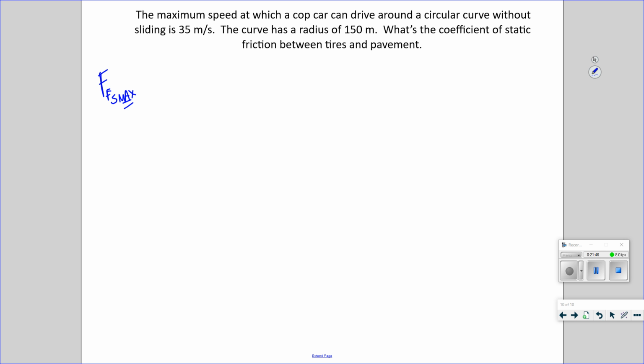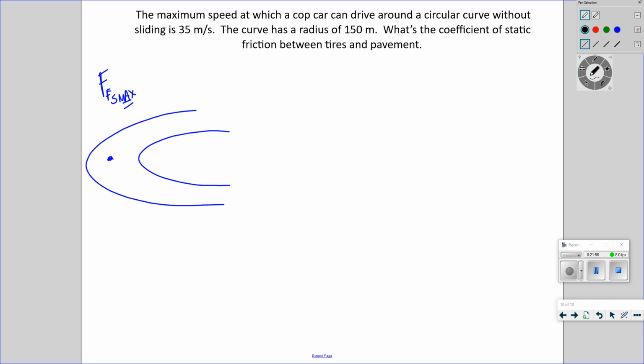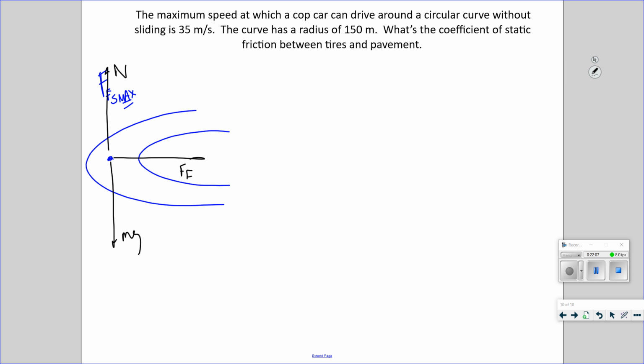So here is a section of the curve. Here's the car. The car's got a gravitational force mg acting on it, a normal force, and here's a friction force pointing towards the center of the curve. All right, watch what we can do.